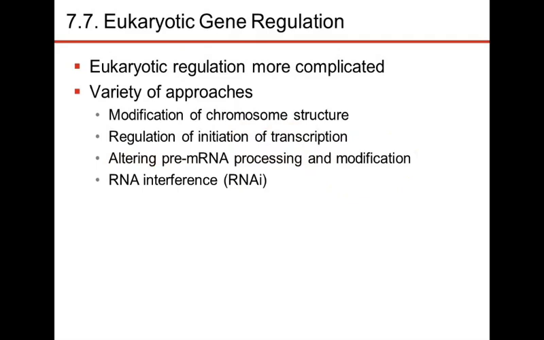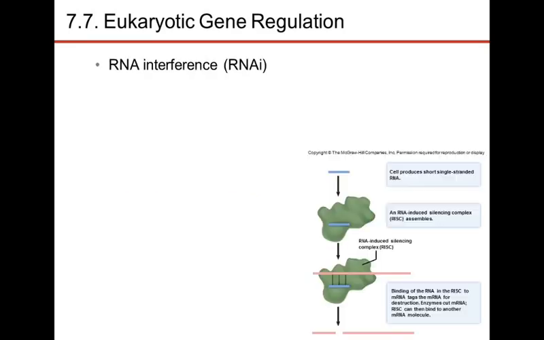And that's where this process called RNA interference, sometimes abbreviated RNAi, comes into limiting the amount of RNA that's in the cell so that translation of that RNA will no longer take place. RNAi is an interesting phenomenon that's really just begun to be understood in the last 5 years or so.